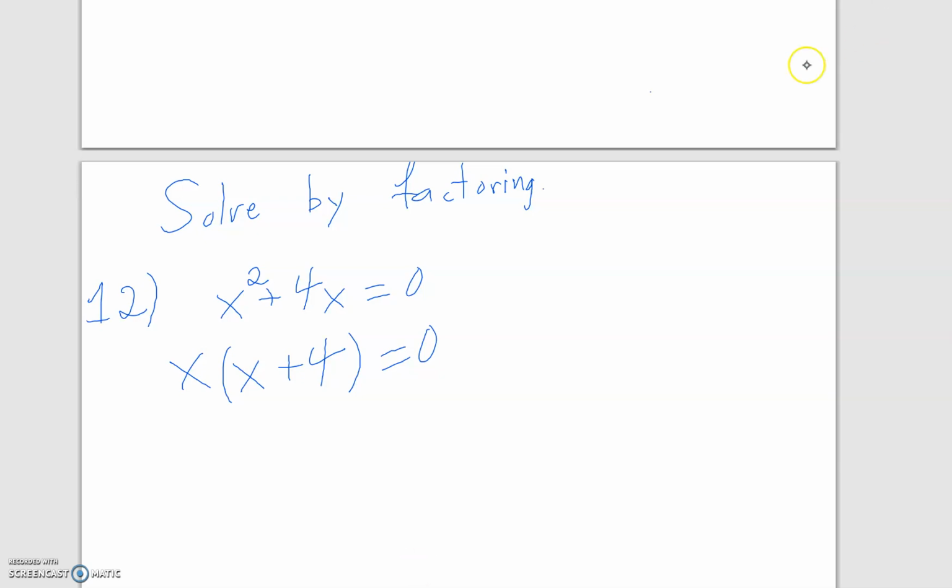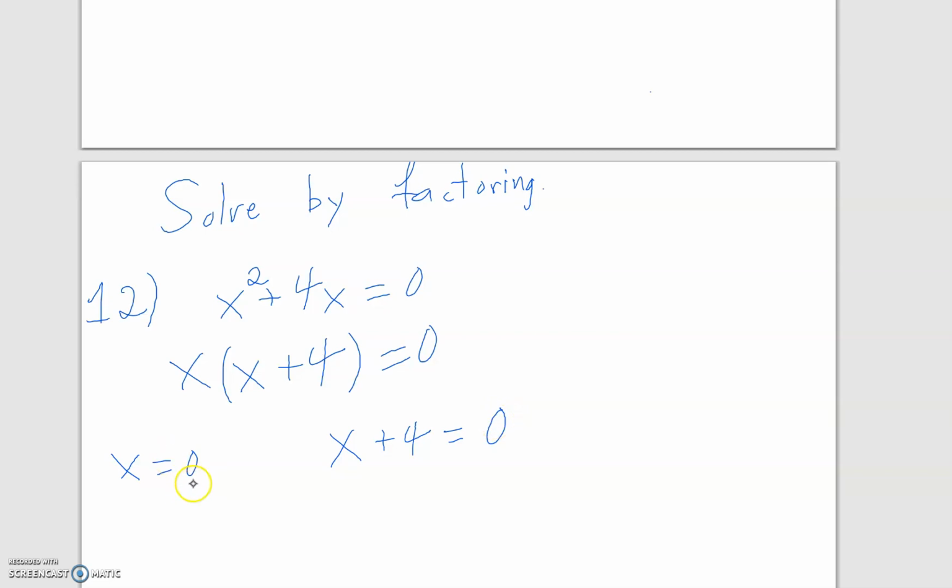And now we will use our zero product property to create two new equations here. When you have the product of two things equal to 0, this means that one or the other of the terms of the product is equal to 0.